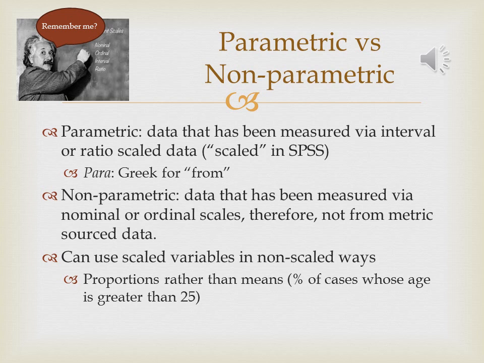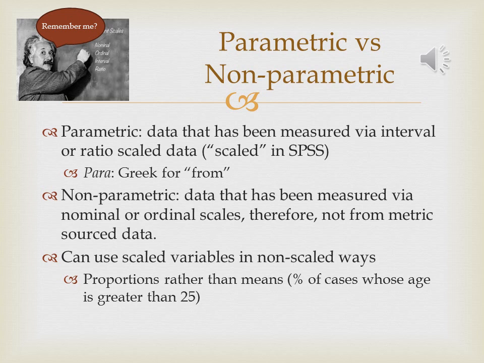Now, can we use scaled variables in non-scaled ways? Most certainly we can. Think about the fact that you can take interval or ratio data, and rather than using the means, you can use proportions. For example, perhaps I've measured age in an appropriately ratio scale, because after all, age has a 0, and each one of the intervals between each age number is equally distributed.